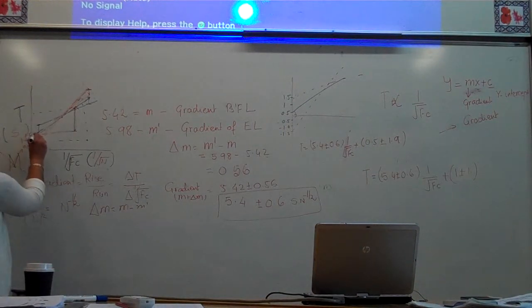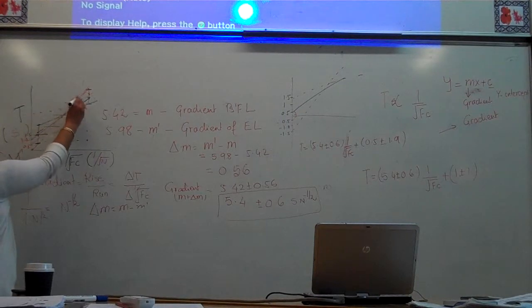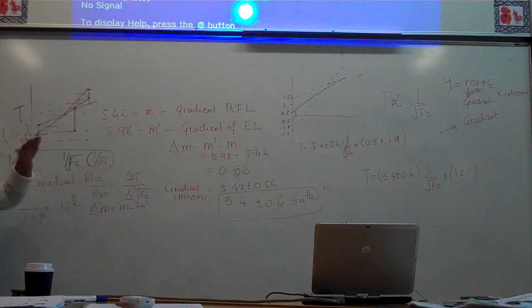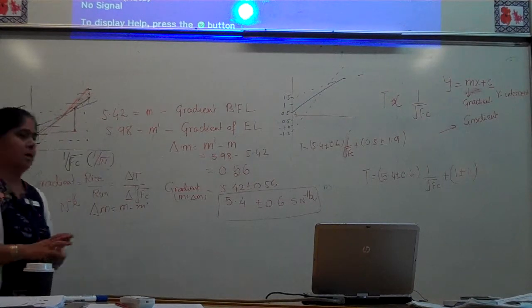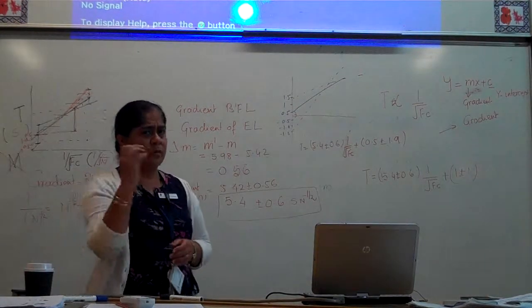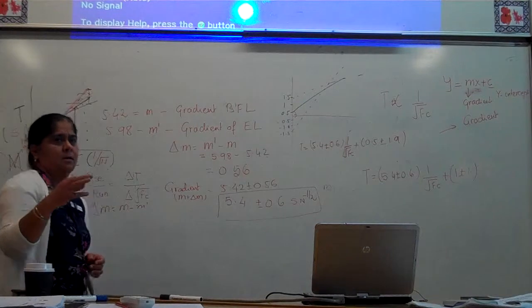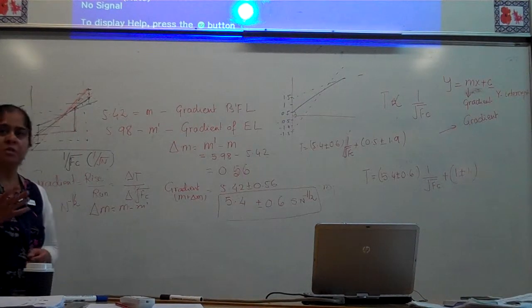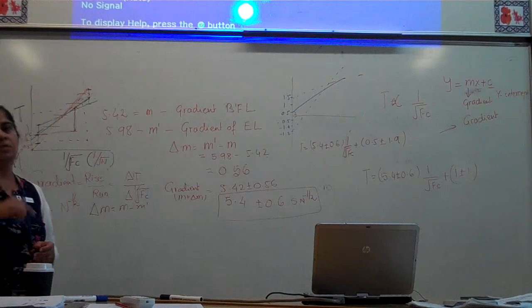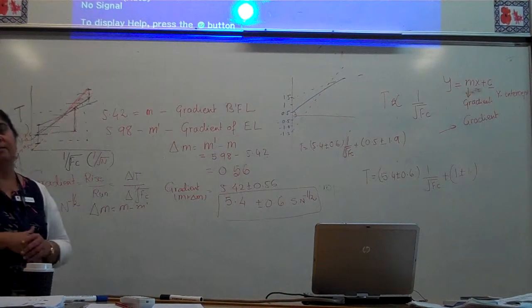You will go for horizontal error bars. That's the only time. If you're not getting an error line either way, then you go for horizontal error bars and draw the line of best fit. And I'll tell you, this is a very, very rare chance. Last year, of about 120 students, only 1 student had to do horizontal error bars.